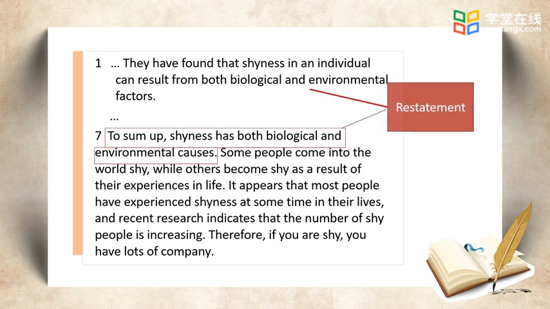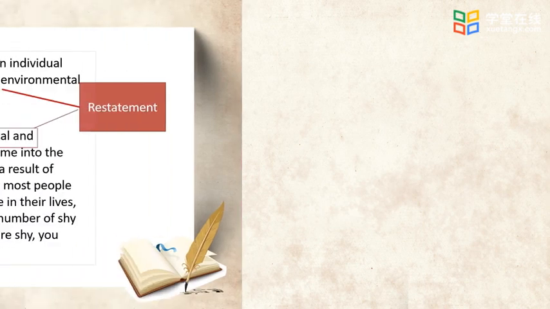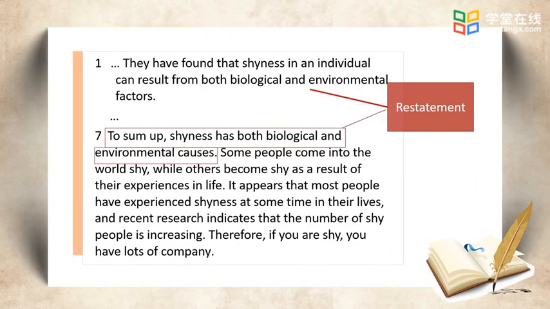These two sentences are rather similar. Both mean the same thing, related to the 2 types of cause of shyness. The only difference is that result from is used to introduce the causes in the thesis statement, while has is used in the conclusion. Obviously, we got a thesis restatement here.